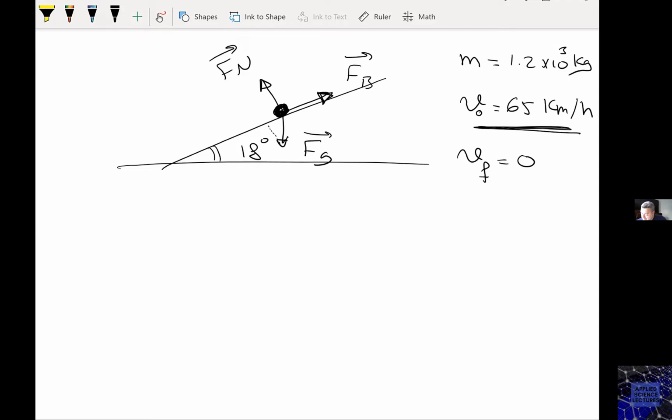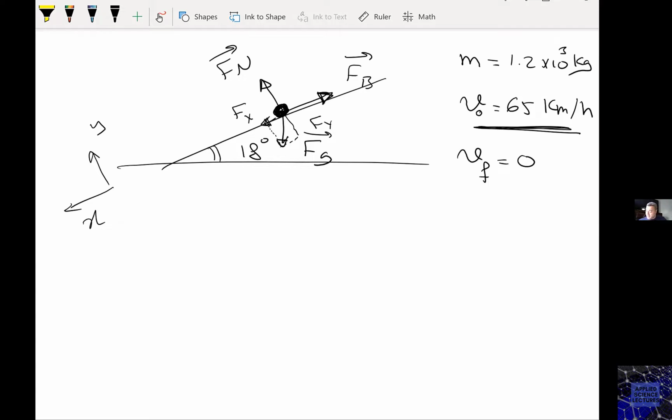Trying to project the gravitational force on the surface, this one will be Fx, and if I'm assuming this is X, this is Y, then this one is Fy, where Fy equals Fn, and then I have the gravitational force being projected as Fx, and the force applied by the brakes as Fb.